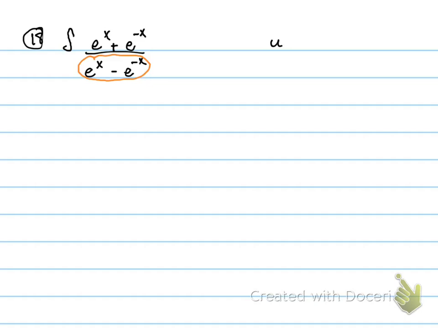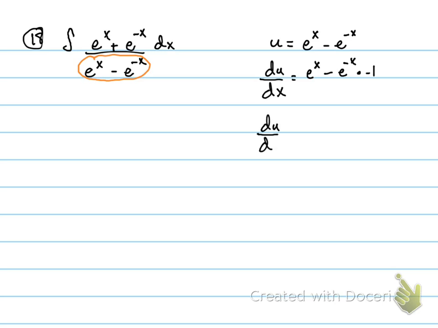So we're going to let u, this is in terms of dx, be e to the x minus e to the negative x. Okay, we're going to take the derivative of u with respect to x. So e to the x is just e to the x, minus e to the negative x times negative 1. Well, what is that? du dx.